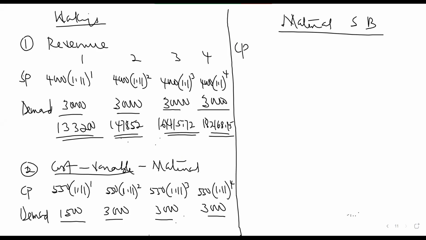So this is also in current terms, isn't it? Okay. So you do 4,200 into bracket 1.11, then 4,200 into 1.11 exponent 2, 4,200 into 1.11 exponent 3, 4,200 into 1.11 exponent 4.